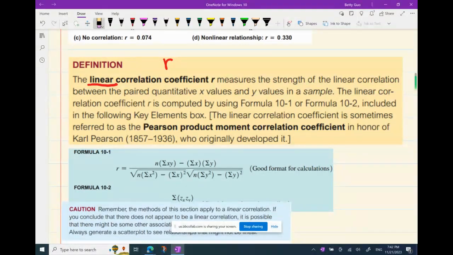Another name for R is the Pearson product moment correlation coefficient, in honor of the developer of the concept, Karl Pearson. That's just some extra information.